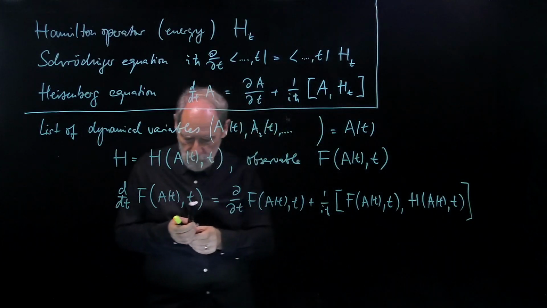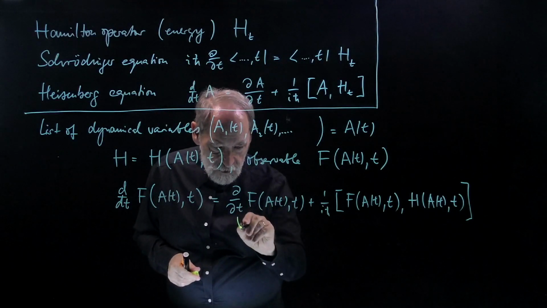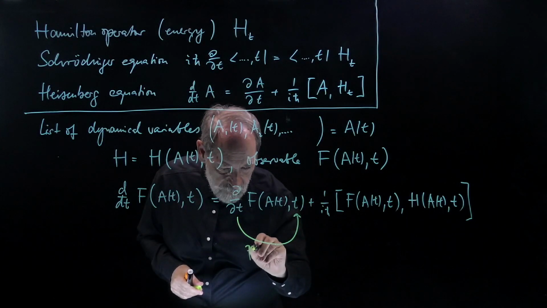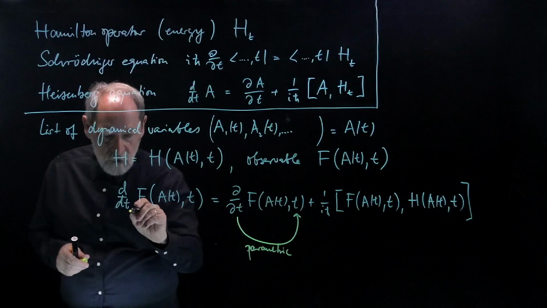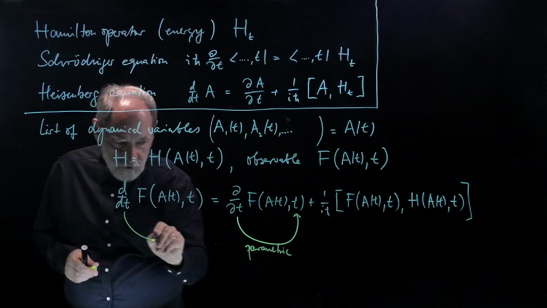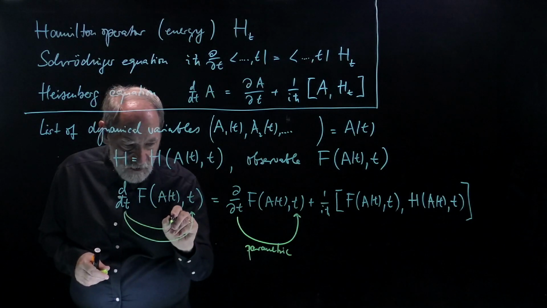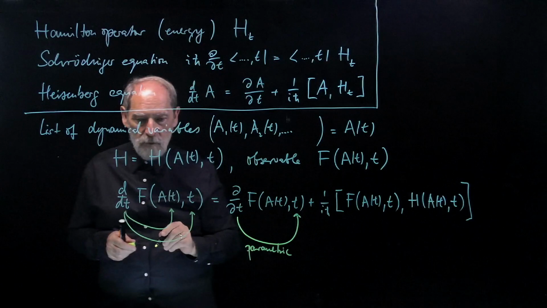So just to be absolutely clear, this parametric time dependence differentiates this t only, and the total time derivative differentiates the t of the parametric time dependence, but also the t in the time dependence of the dynamical variables.